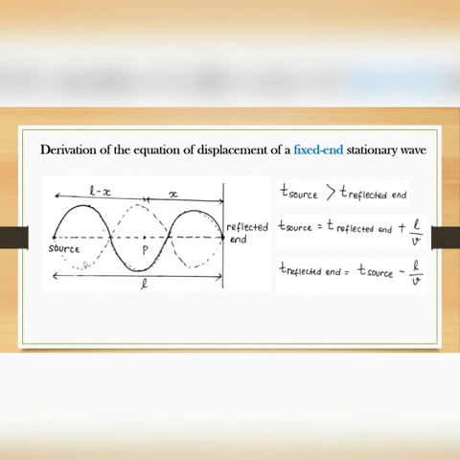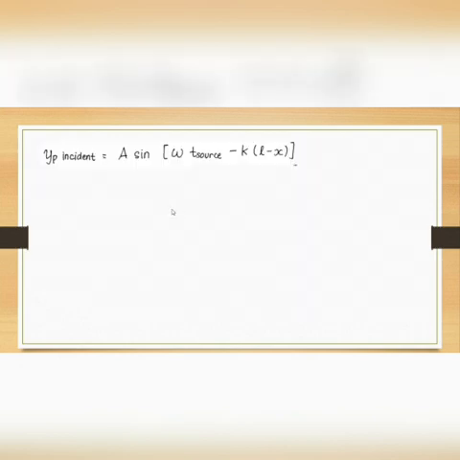They both have the same amplitude, the same frequency, and the same speed, but in opposite directions. And for a fixed-end stationary wave, the reflected wave is inverted, so there is a phase angle change of pi.